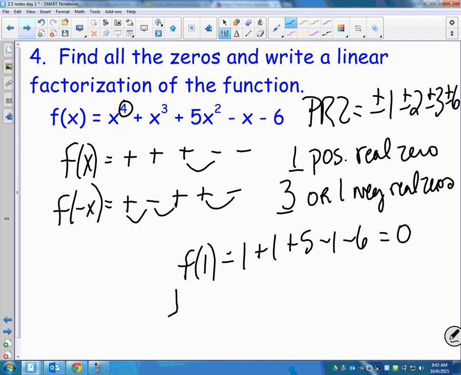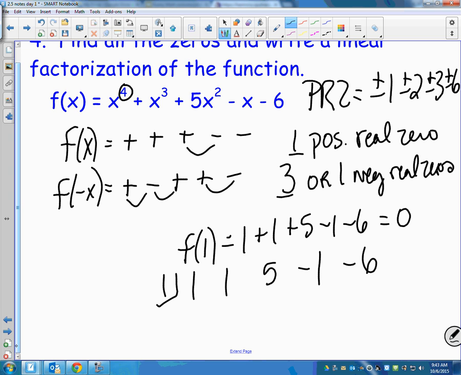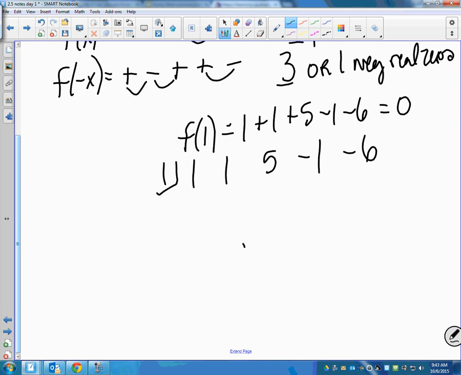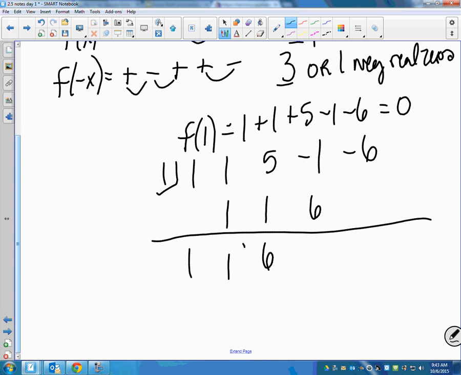So, just like we did before, I'm going to divide out my 1. Get that. 1 plus 1 is not 1. 1 plus 1 is 2.